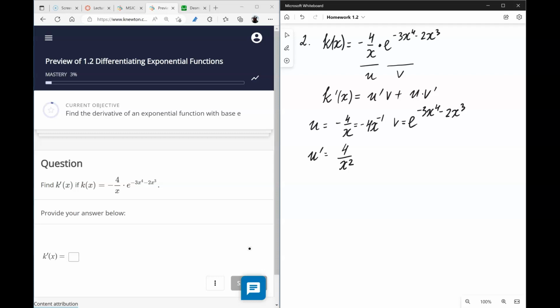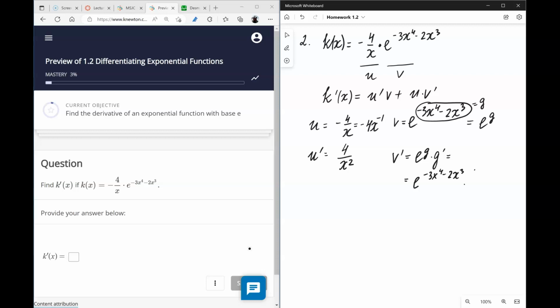And to find the derivative of v, we're going to recognize this as e to the g. So derivative of v will be e to the g times g prime, where g is this right over here. So e to the g is, I'll bring it over here, the function itself.